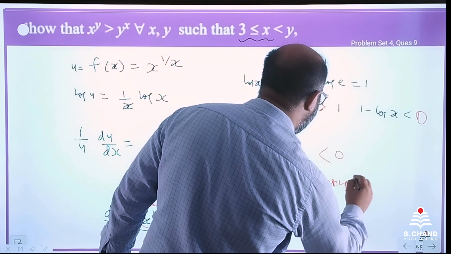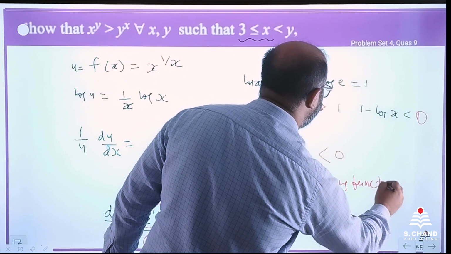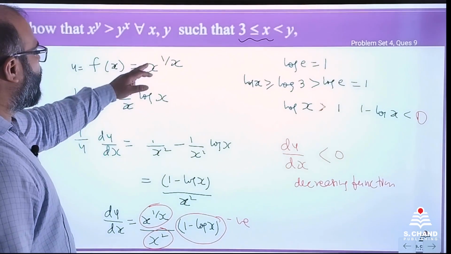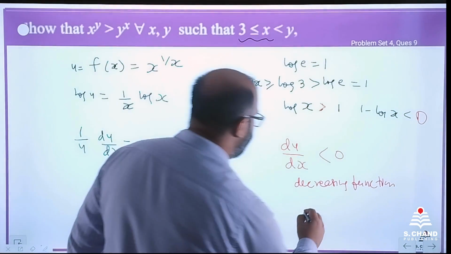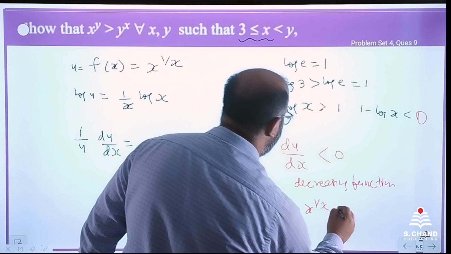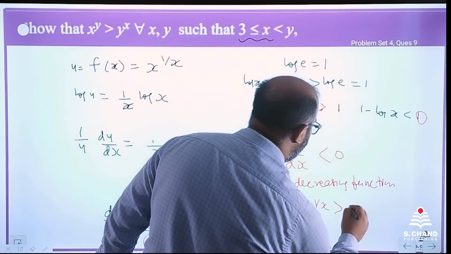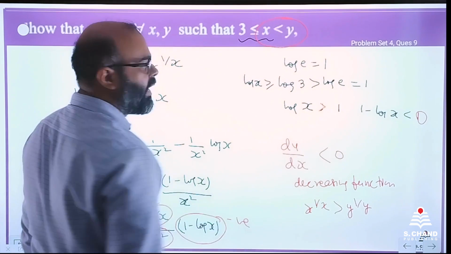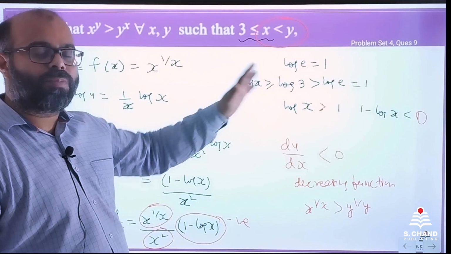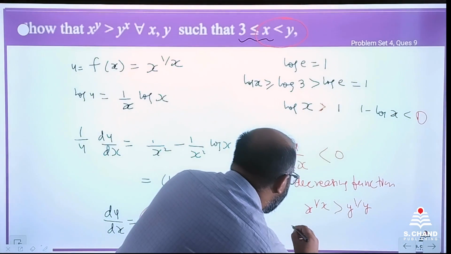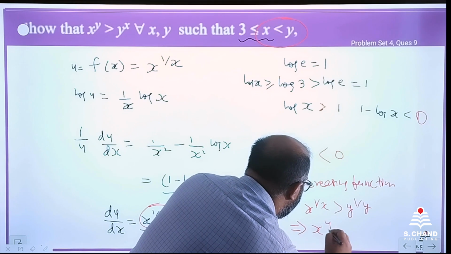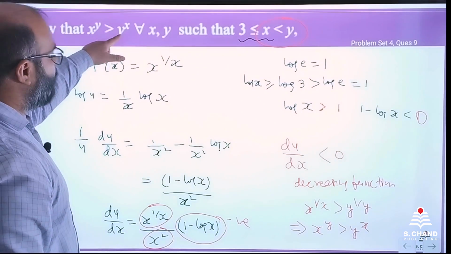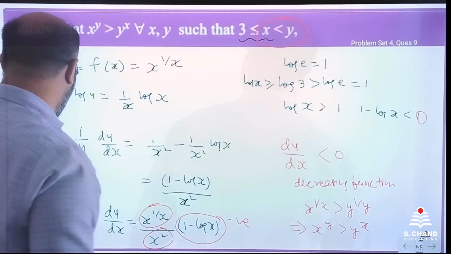Now if this is a decreasing function, then we can say that x to the power 1 by x is actually greater than y to the power 1 by y, where y is greater than x. As the input is increasing, the output is decreasing. So we say that x to the power y is greater than y to the power x. That is what we had to prove.